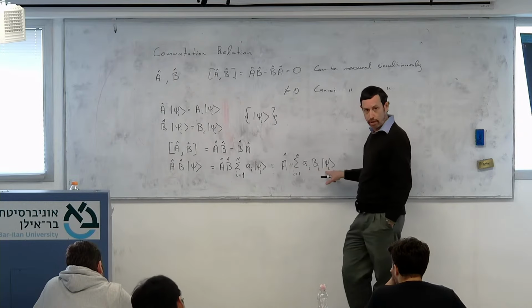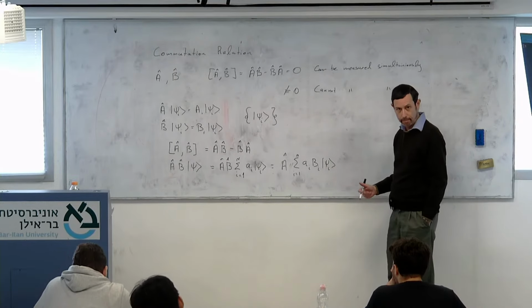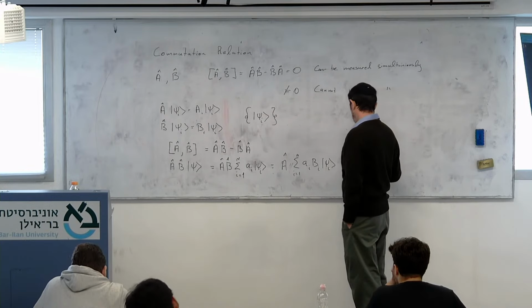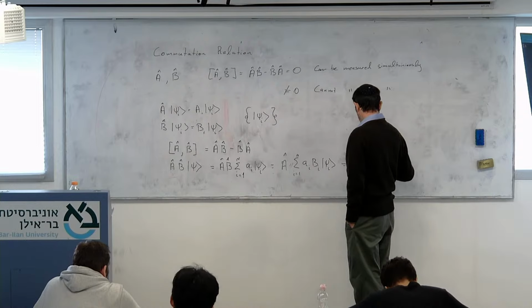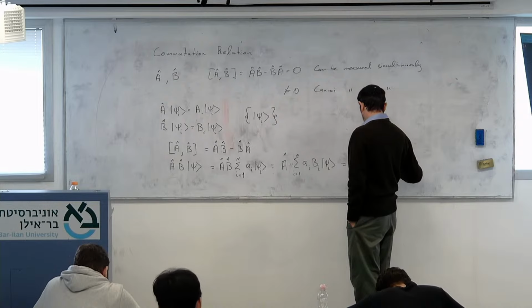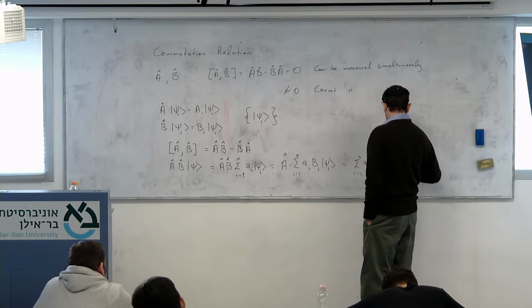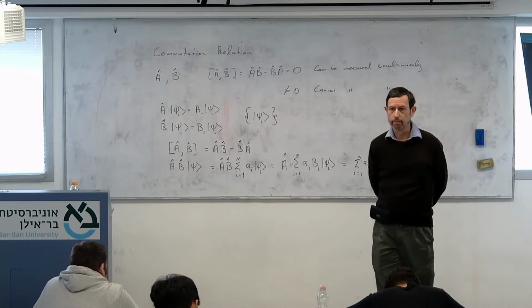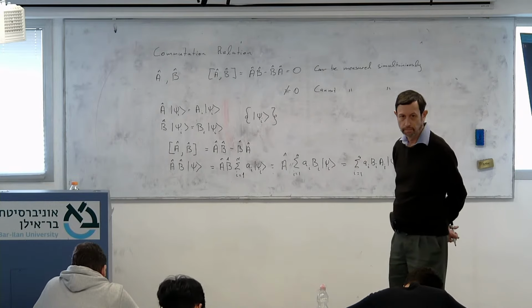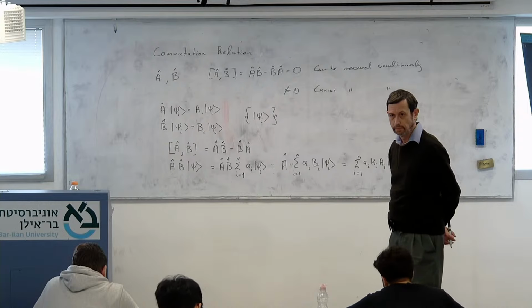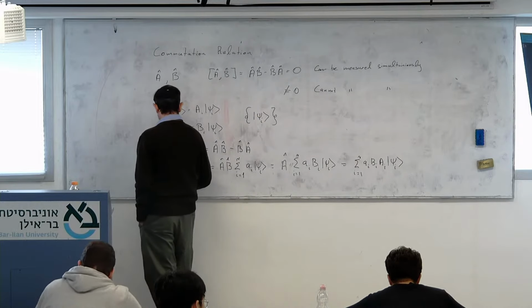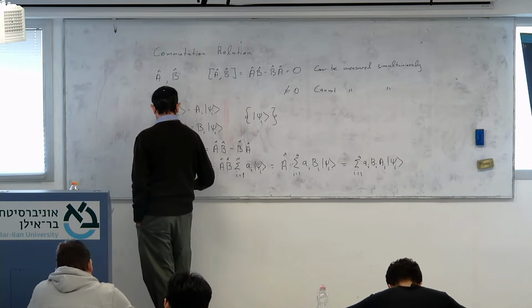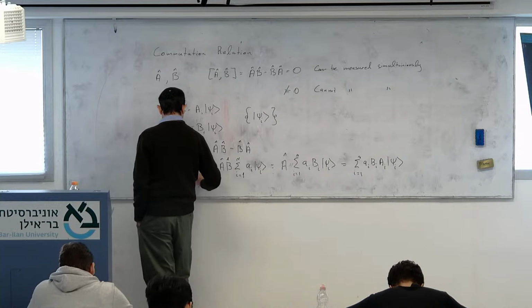So I can now operate with A. Now let's go through the same game with the second term in the commutation.